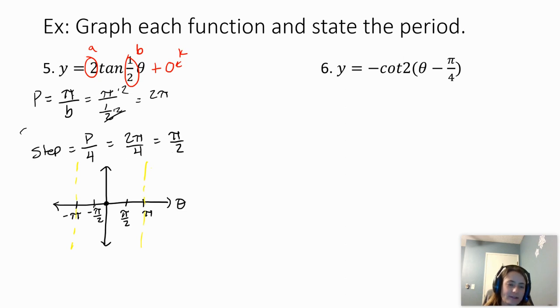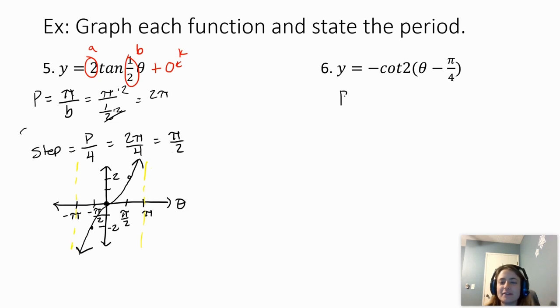So instead of at negative pi over 2 being negative 1, it's going to be negative 2. So we're going to go down 2 and up 2. So at negative pi over 2, we're at negative 2. And at pi over 2, we're at positive 2. The tangent graph I struggle with. Whoa, there it is. All right. So there's our tangent graph.